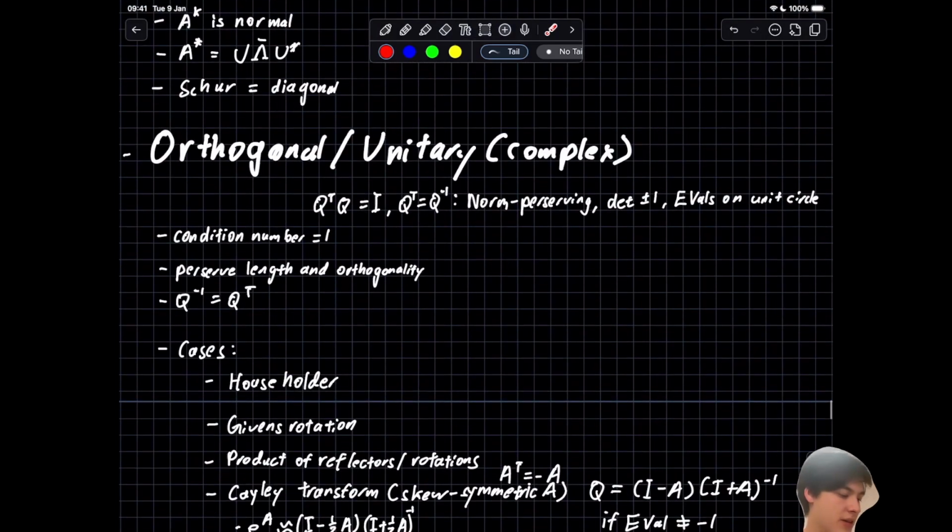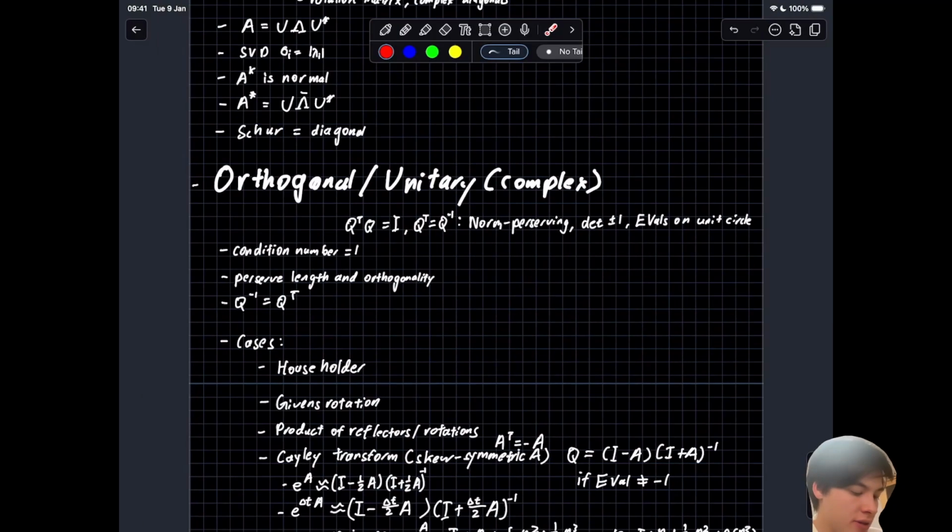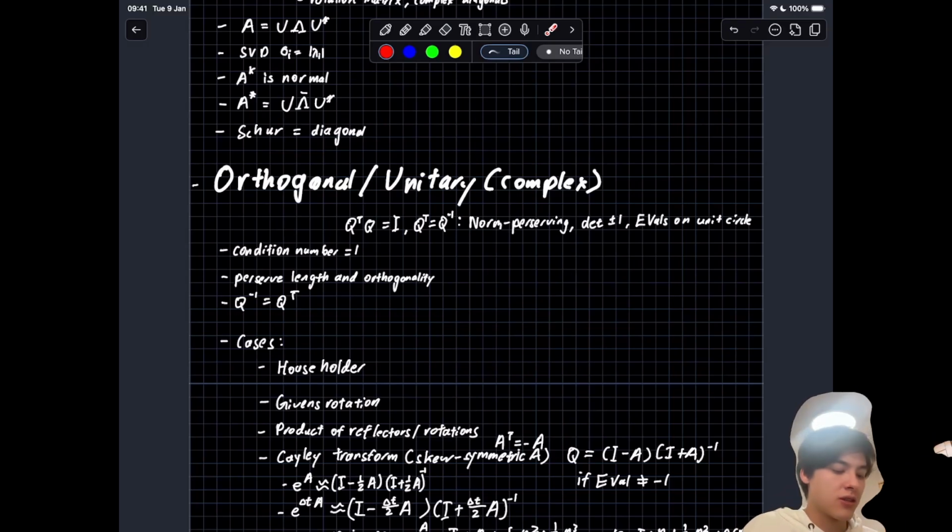And next up, let's look at orthogonal unitary matrices. What does that mean? It means Q transpose Q is equal to identity, so the transpose itself is its inverse. It's norm preserving, it doesn't change size. It also means the determinant is 1 or minus 1.